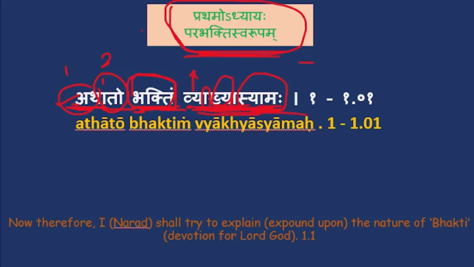Viveka, Vairagya, Shamadi Shatka Sampatti, and Mumukshutvam. I repeat: Viveka, Vairagya, Shamadi Shatka Sampatti, and Mumukshutvam. These four must be practiced. Then only are you qualified to read Vedantic scriptures. Otherwise, you are not qualified.